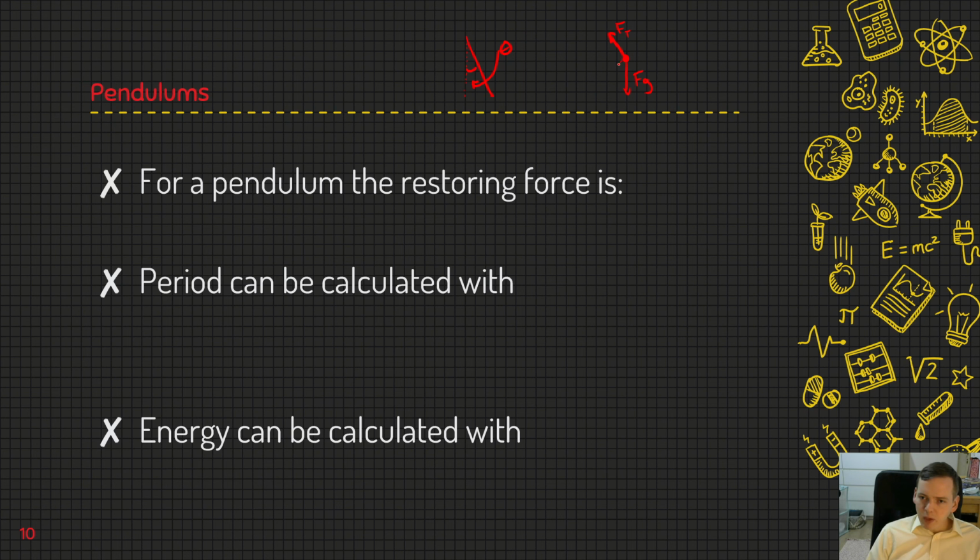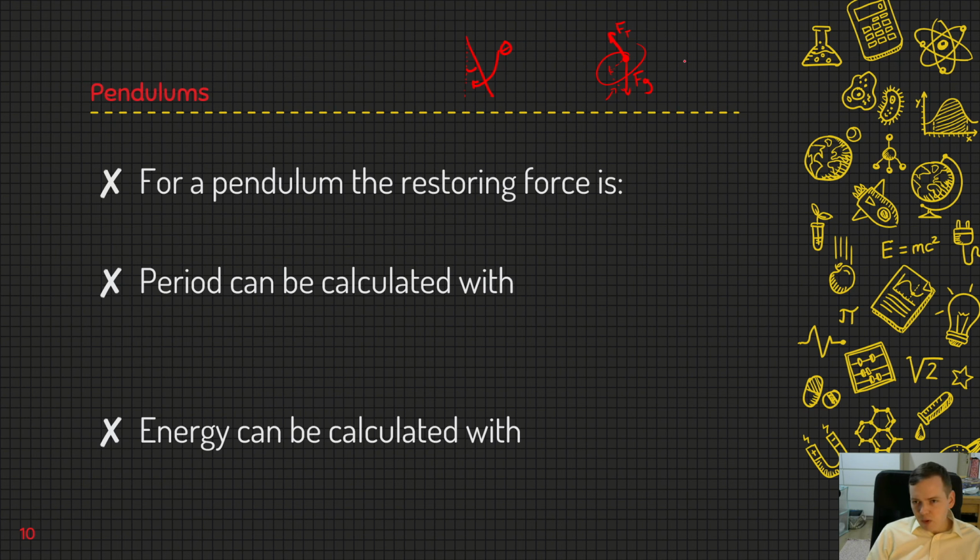That means we can break this Fg into two components. One component is pointed kind of in the direction towards the center. The other component's kind of opposing Ft. The component right here is going to cancel with the Ft, so we ignore it, and we're left with this force right here.